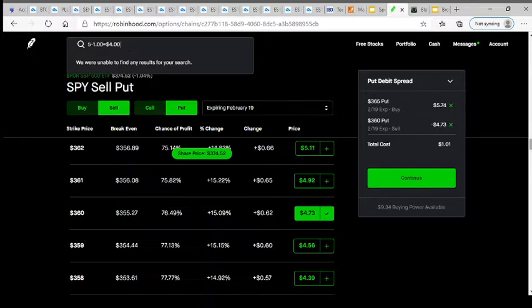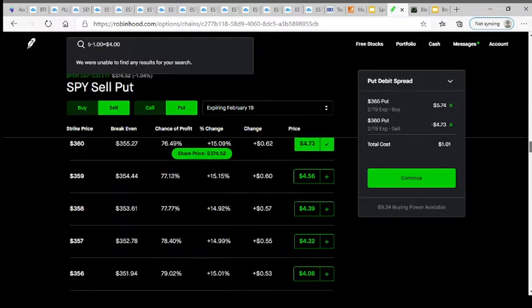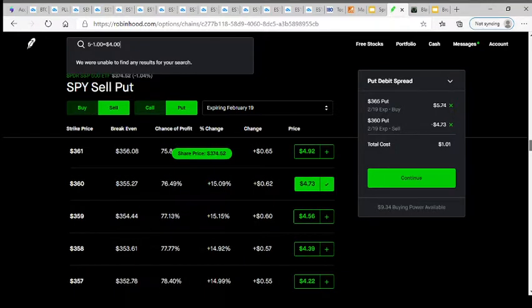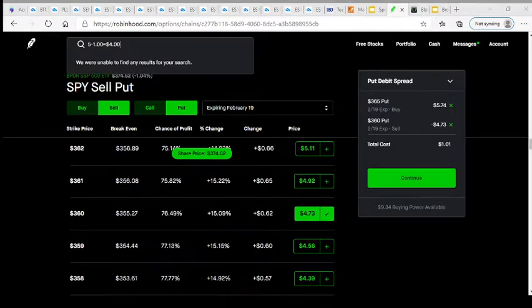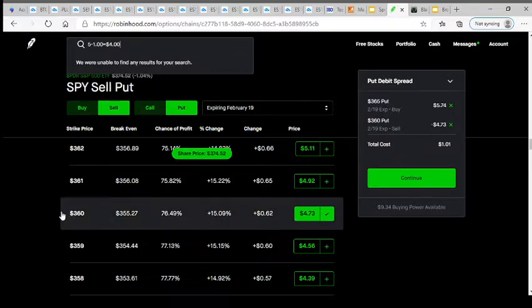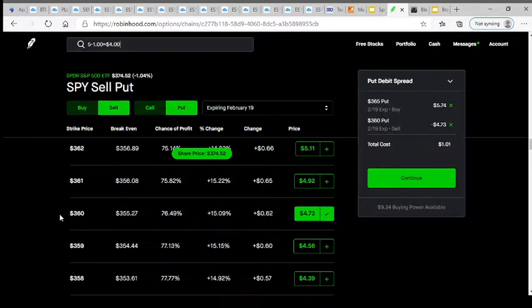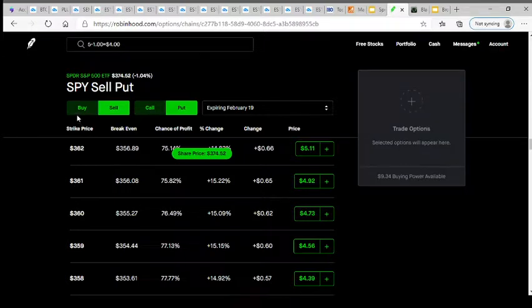But to receive max profit, you have to go all the way. Your long strike has to be breached. So your 3. Wait, that's a debit spread. Why did it do that?